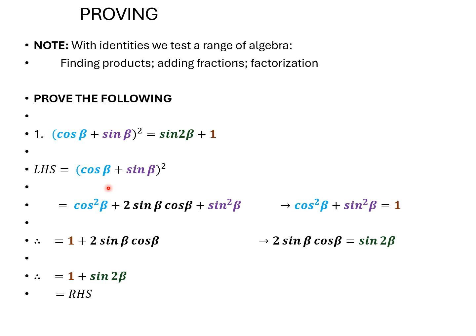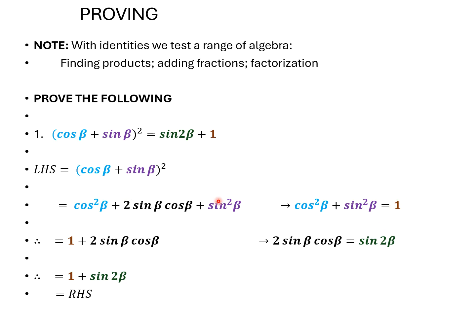So for the middle term, I multiply the two items in the bracket. Cos beta times sin beta times the 2 gives me 2 sin beta cos beta. Then sin beta times sin beta becomes sin squared beta. We assume you remember from grade 11, square identity: cos squared beta plus sin squared beta must equal the value 1.